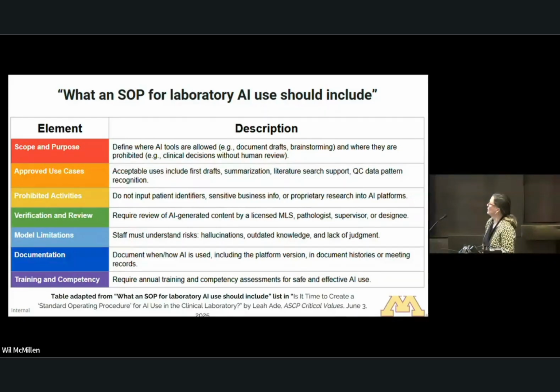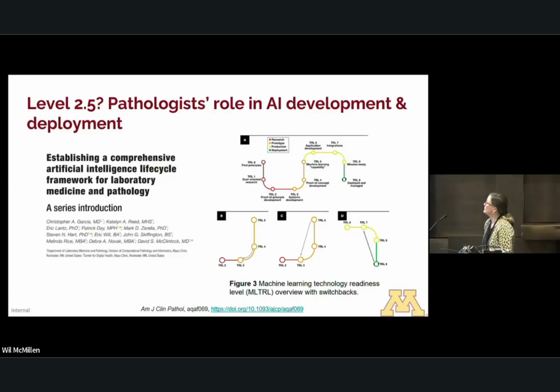And this is where, at multiple points here, a pathologist or a laboratorian will be needed. So I just highlighted a couple examples of AI governance and monitoring.